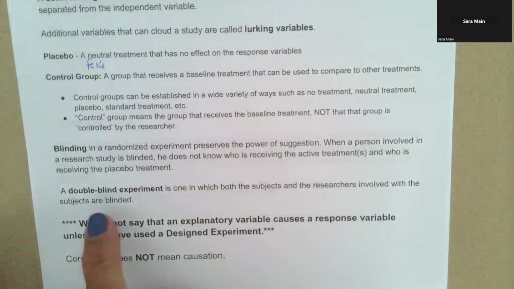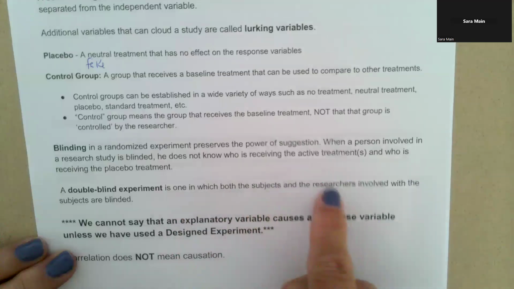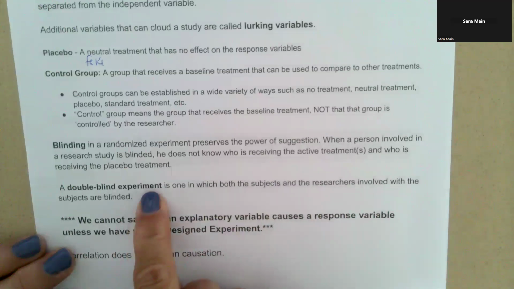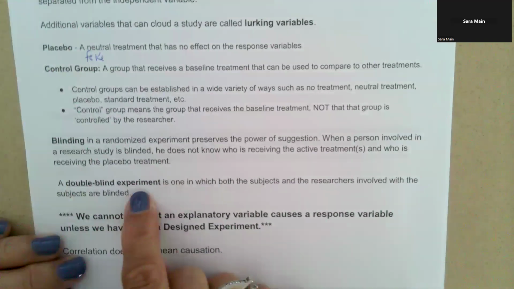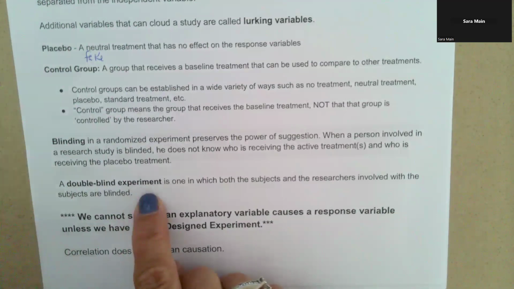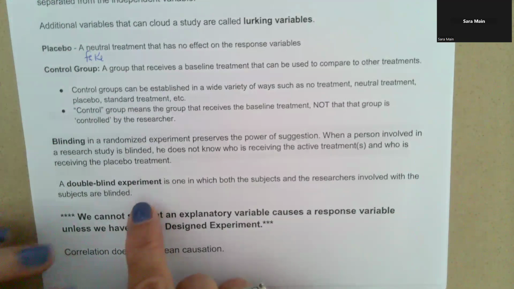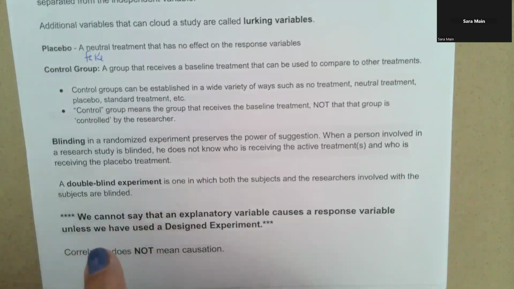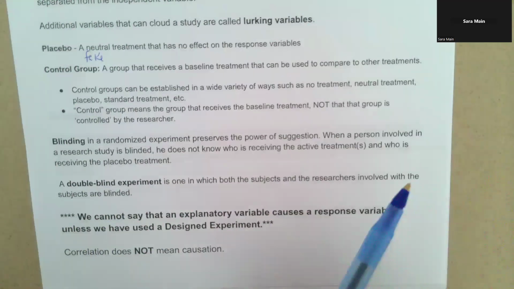A researcher can also do a double-blind experiment. It's one in which the subject and the researcher do not know who is receiving what. A case for this might be in a medical situation where the researcher is observing a patient. So for instance, if a patient is a multiple sclerosis patient, they tend to have symptoms of being very dizzy and wobbly and not being able to walk straight.